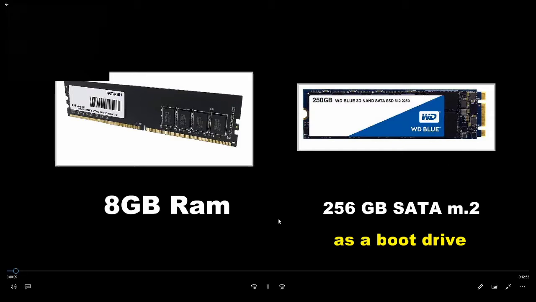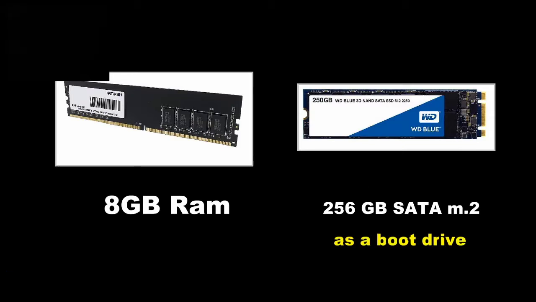Okay, what I got in December, around Christmas time, was an 8 GB RAM upgrade and a 256 GB SATA M.2, which was what my main board took, as a boot drive.